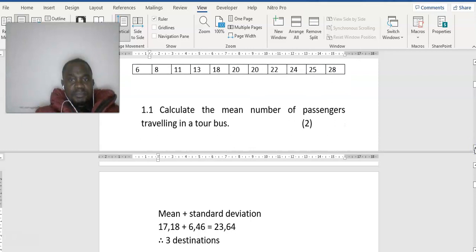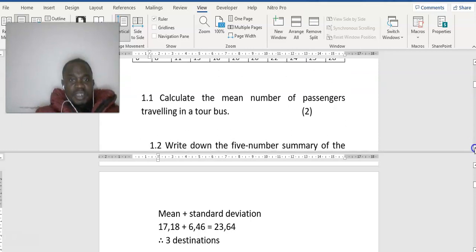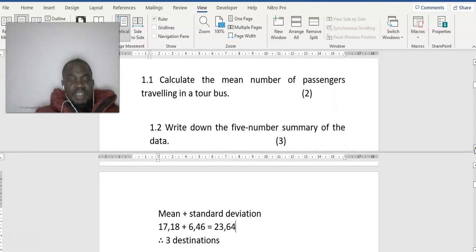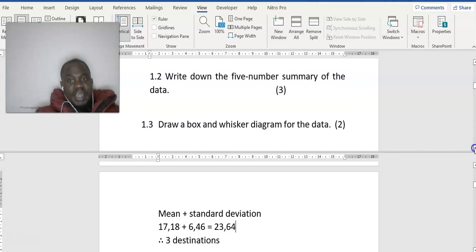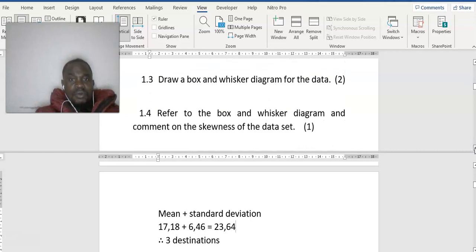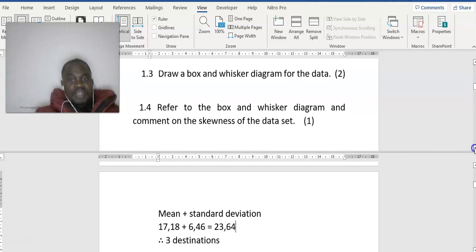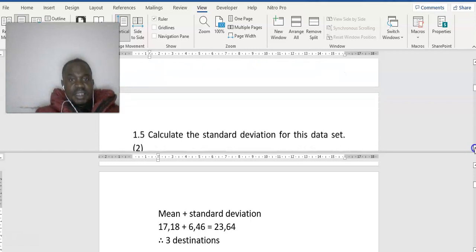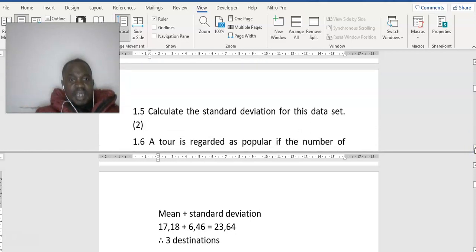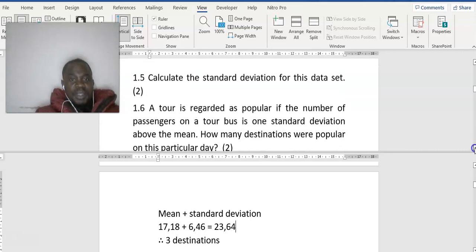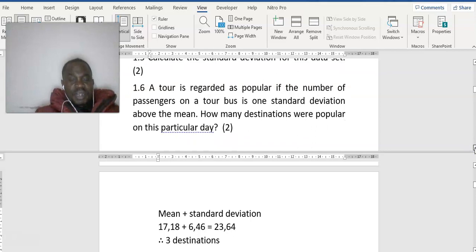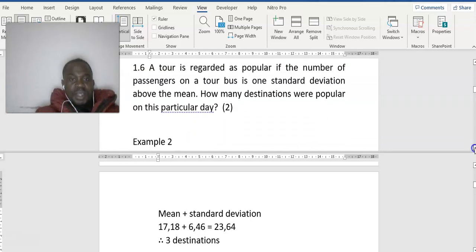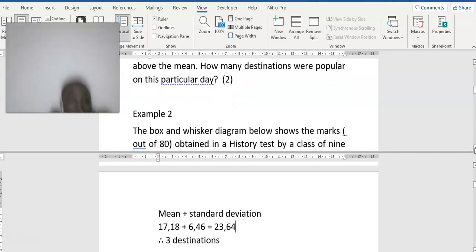Calculate the mean of the passengers. Write down the 5 number summary similar to that way. Draw the box and whisker diagram. Comment on the skewness. Calculate the standard deviation for the data. All right, so this is your classwork. You do that for me. Let's move on to example 2.